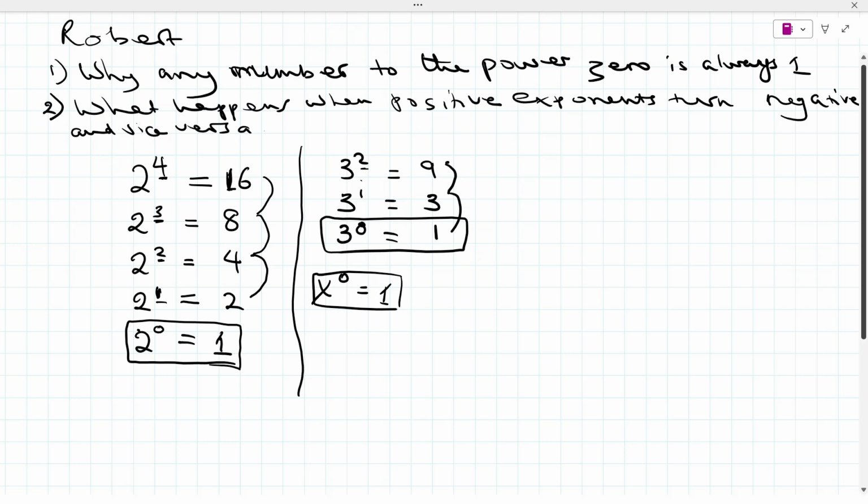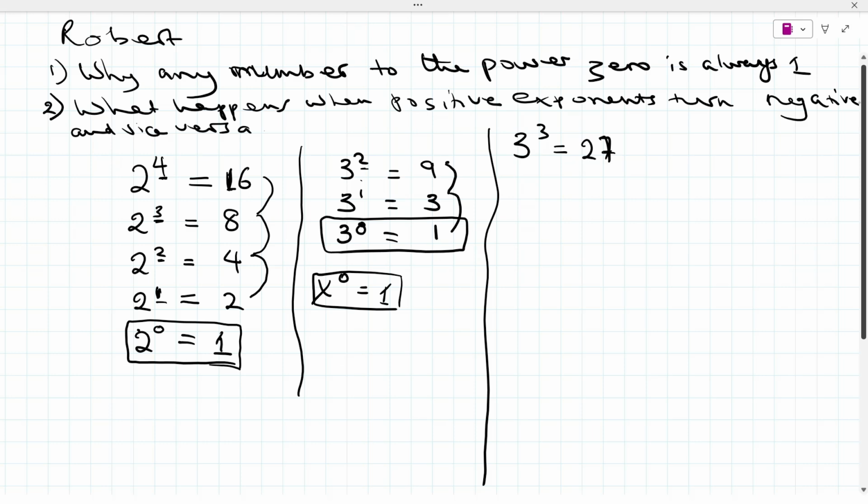Now let's look at our second point. What happens when positive exponents turn negative? Again, we'll use an example. Let's assume we had 3 to the power 3. 3 to the power 3 means 3 times 3 times 3, which is 27.